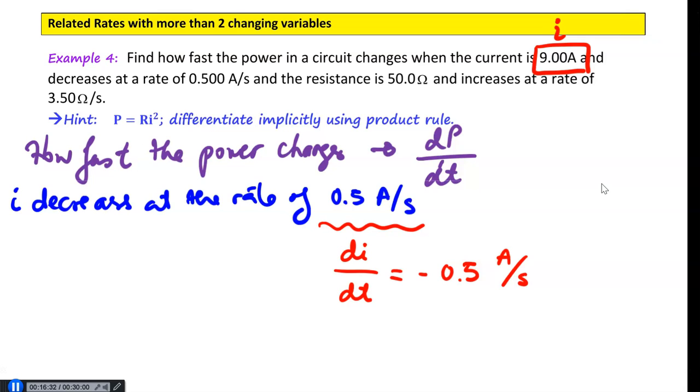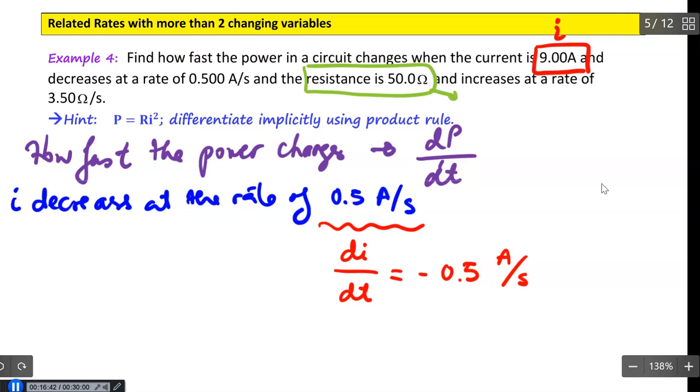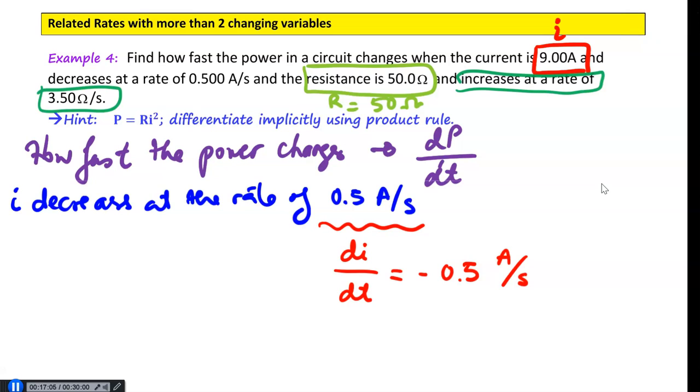Alright, okay. And the resistance is equal to 50 ohms. So if we talk about the resistance equal to 50 ohm, so here we should have R. So let me leave some space here. So R equal to 50 ohms increases at the rate of 3.5 ohms per second. Okay, so in this case, I have another changing variable here.